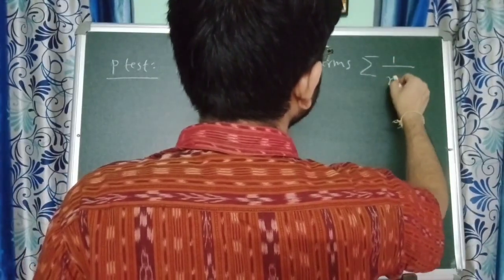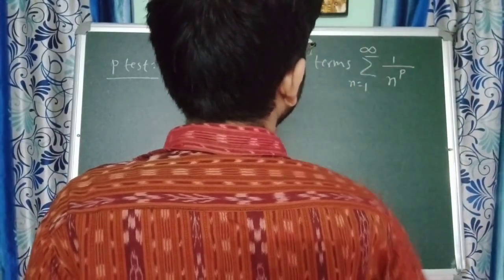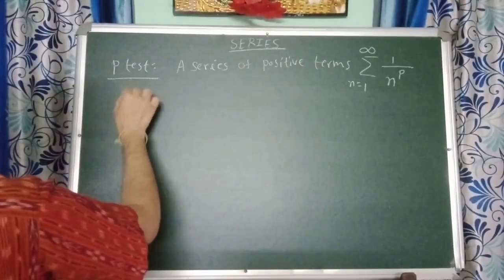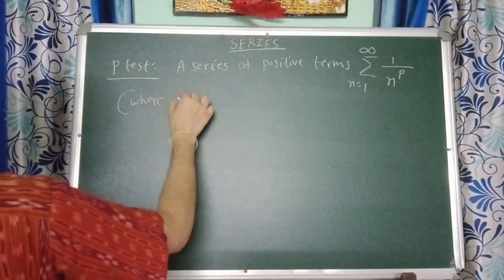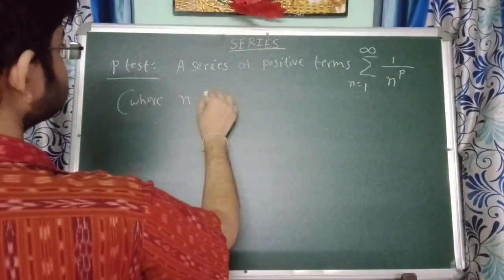The summation of 1 by n to the power p, n starts from 1 to infinity, where n is a natural number.